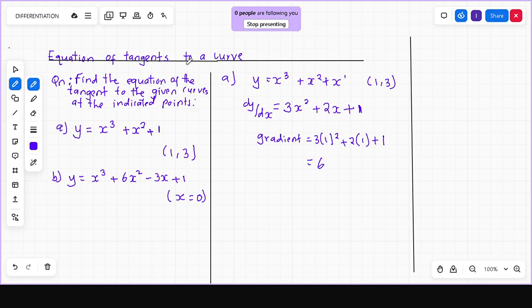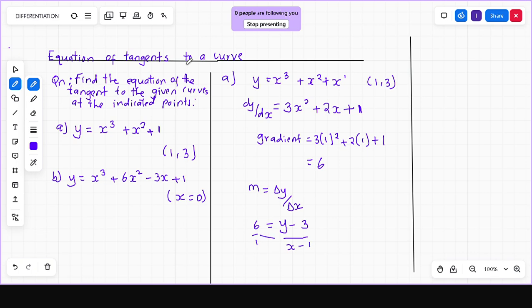Now the gradient, which is denoted by m, is equivalent to the change in y over the change in x. So gradient 6 is equal to y minus 3 over x minus 1, creating our point, where 3 is the y coordinate.